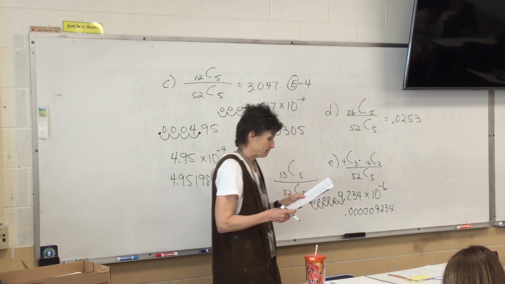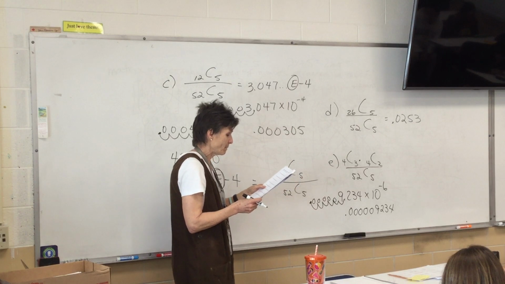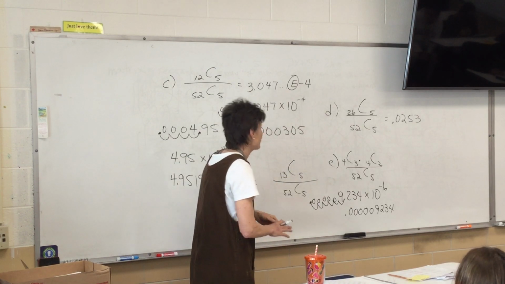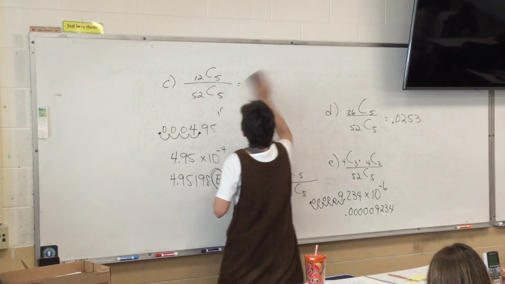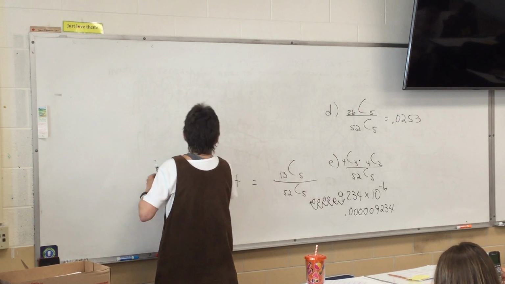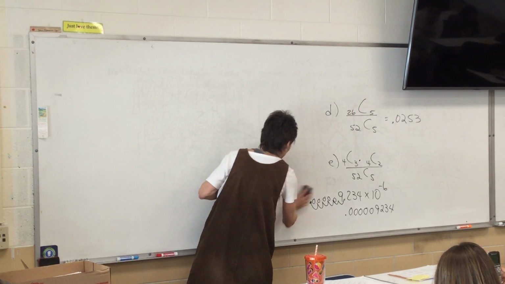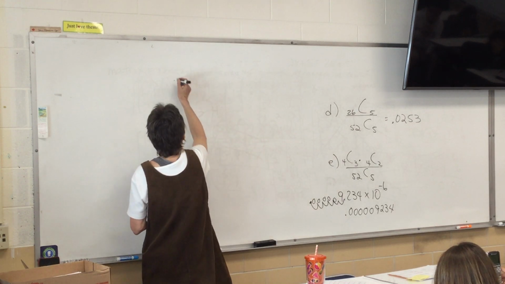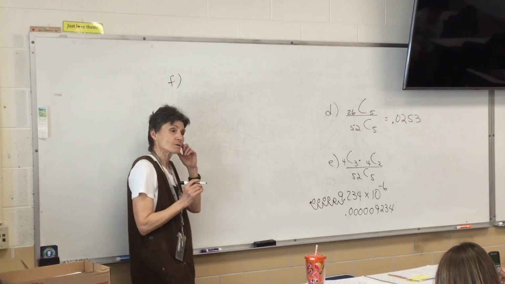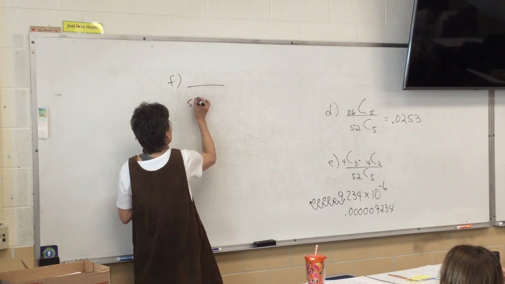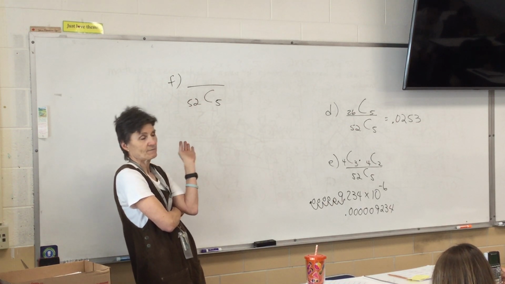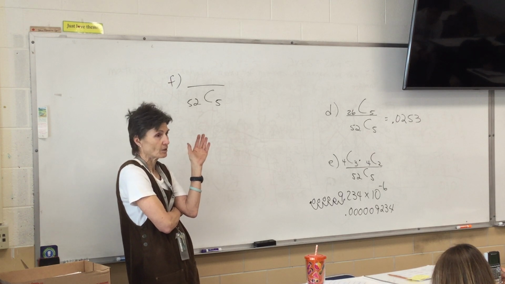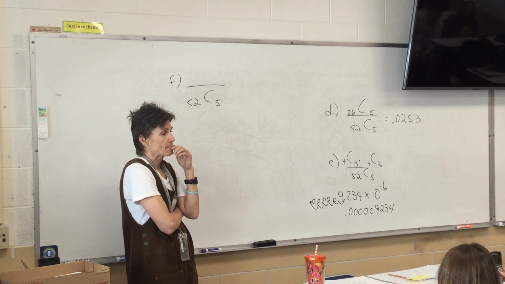All right, F. What is the probability of being dealt a hand with no face cards? Okay, so no face cards. So the denominator is 52C5. The denominator is always 52C5 if you're picking 5 cards out of the standard deck.